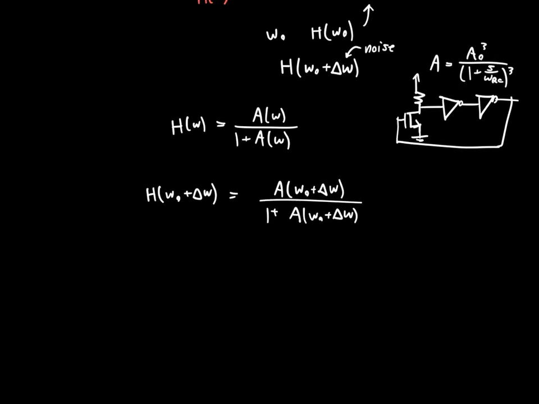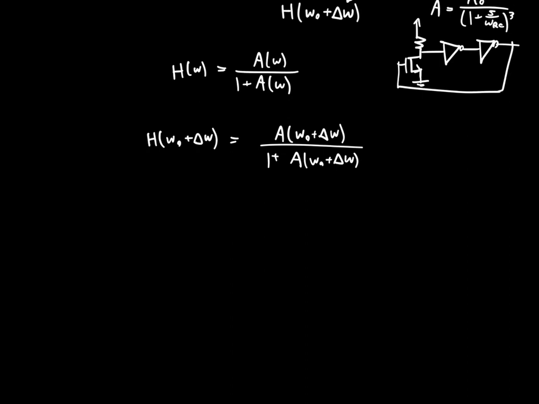Well, it's not immediately clear what we should do from here on out, but a reliable fallback is just to use a Taylor series expansion. So we can evaluate A at some omega naught. We can evaluate it at another omega naught.